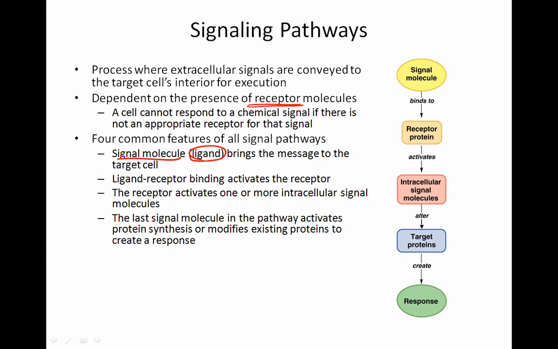All right? So it's going to have a specific response in that cell based upon whatever that signaling molecule actually is. But what dictates that relationship is the actual receptor. When the signaling molecule comes along, it binds to its receptor. This activates the receptor and initiates an intracellular pathway.